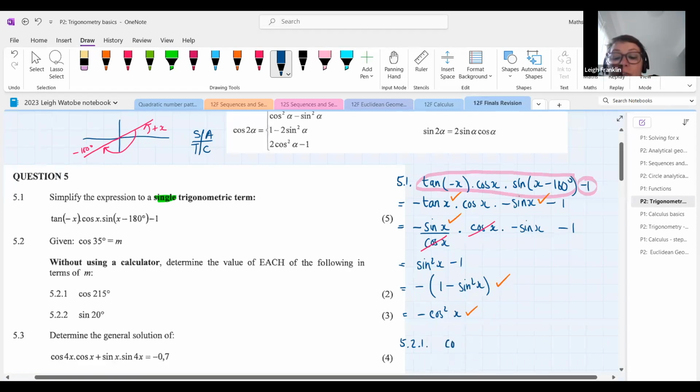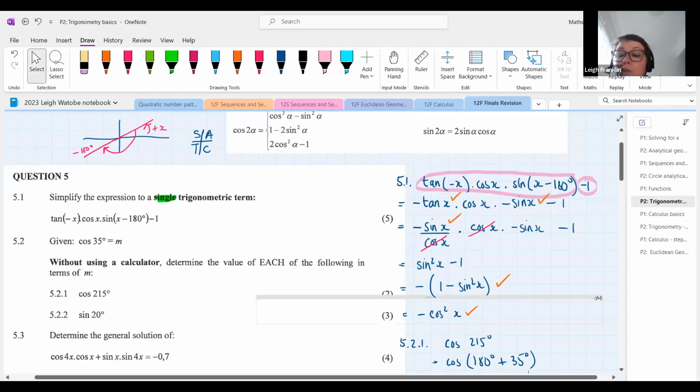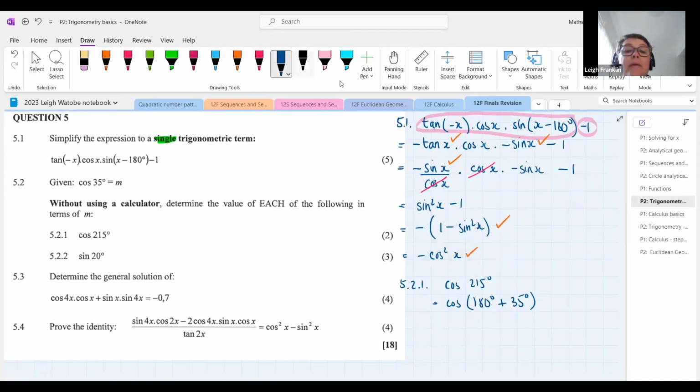So the cos of 215 is the cos of 180 plus our 35. So which quadrant are we in, Matrix? If we've got cos 180 plus, which quadrant would we have been in? In the third quadrant. Well done, everybody.